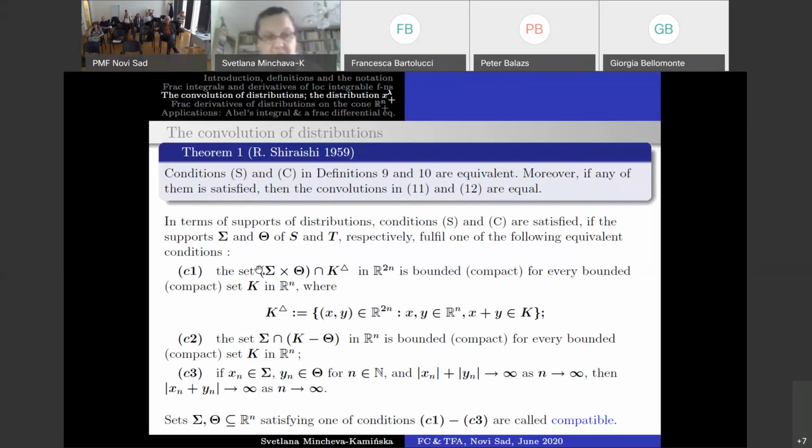Here we have the condition written in terms of supports of distributions.